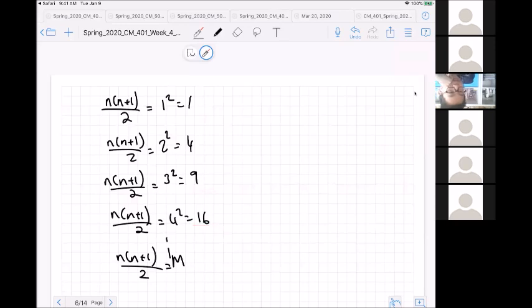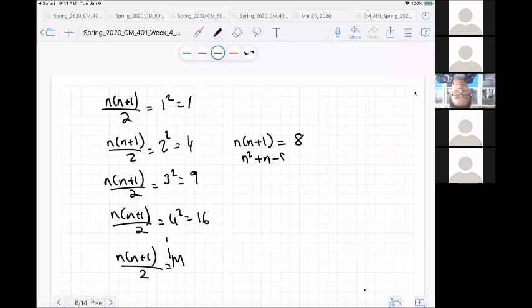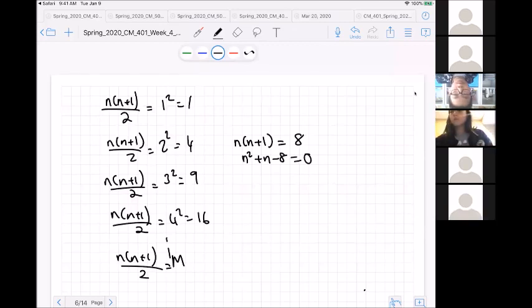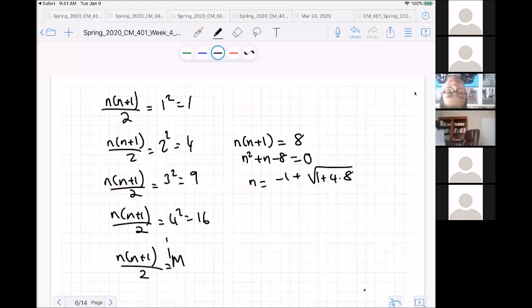Now, for example, can it be equal to 4? Can n times n plus 1 be equal to 8? So you're looking for n squared plus n minus 8 equal to 0. By using the quadratic formula, negative b plus, I cannot have minus because it will be negative, the square root of 1 plus 4 times 8, and then divided by 2.